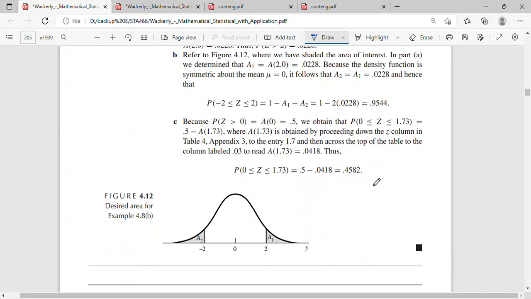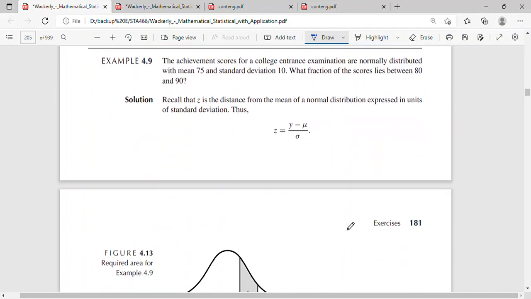Alright, so it's just a revision how to use the normal table. Okay, like I said just now, if our situation comes from the normal distribution, to find the probability for the certain value, we need to transform daripada Y kepada standard normal, which is Z. How to transform that?